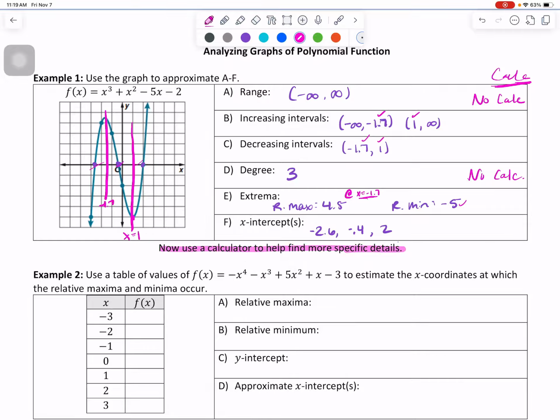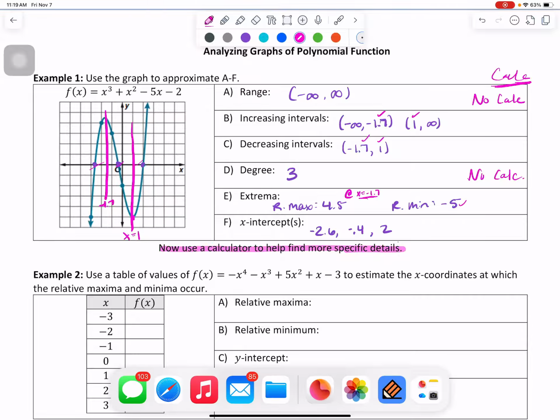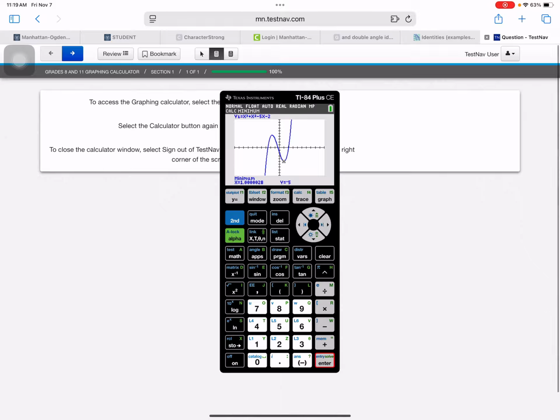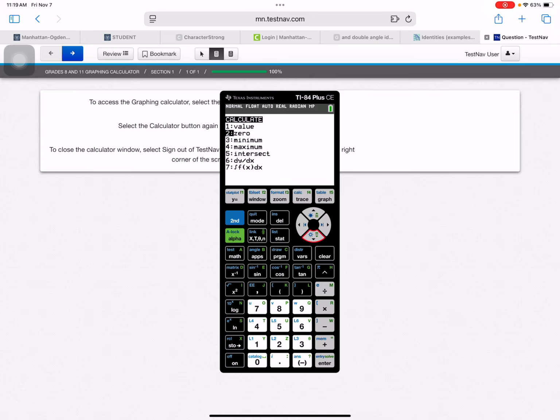Okay, so the only other thing we need to find are the zeros. There's a couple of ways to do this, which we've talked about before. You're going to go second calc, 0, and you're going to go to the left side. What you could do is be on the left of all of it, but I say just try to get one at a time. So you're setting the boundary.